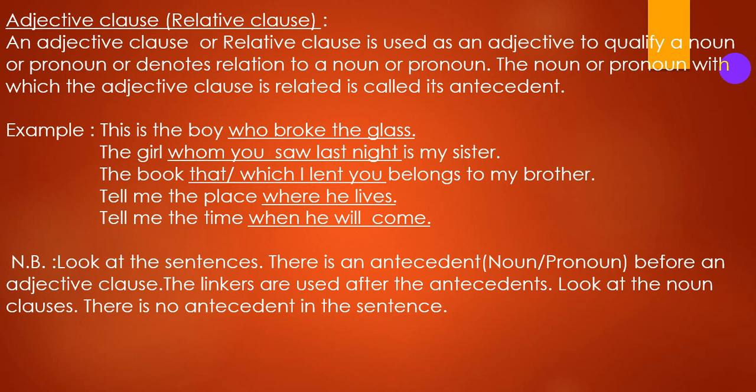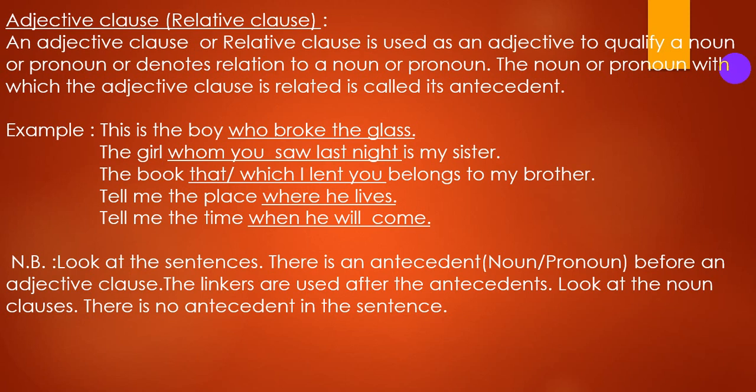It qualifies the noun the book. Next sentence, tell me the place where he lives. Where he lives is an adjective clause. It qualifies the noun the place. Next sentence, tell me the time when he will come. When he will come is an adjective clause. It qualifies the noun the time.